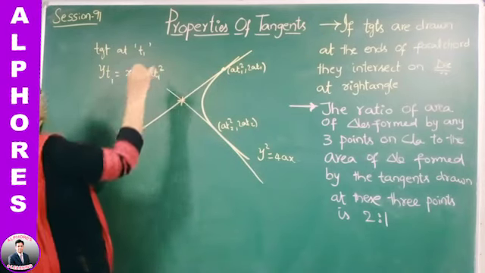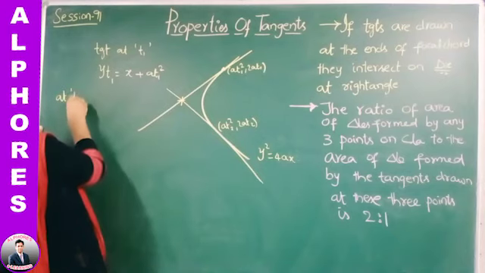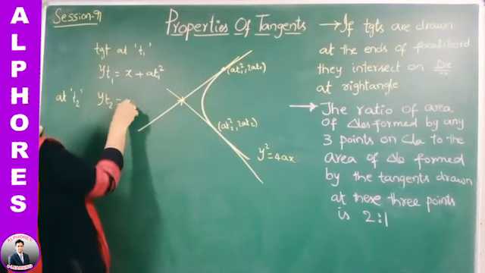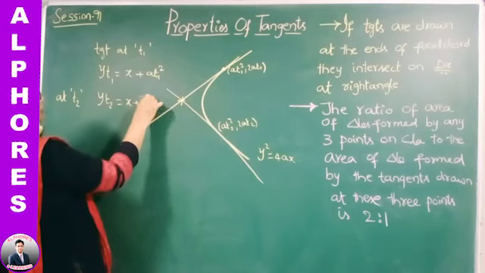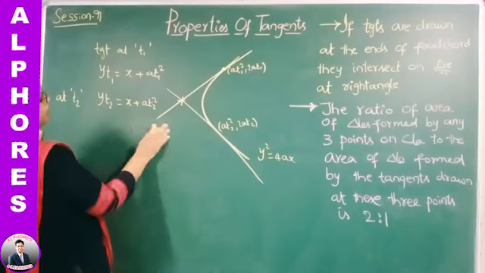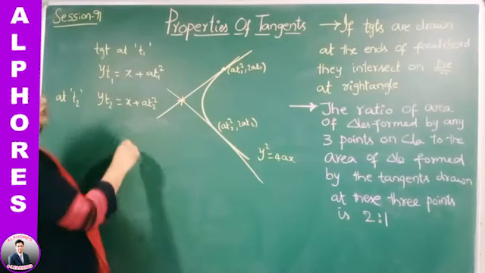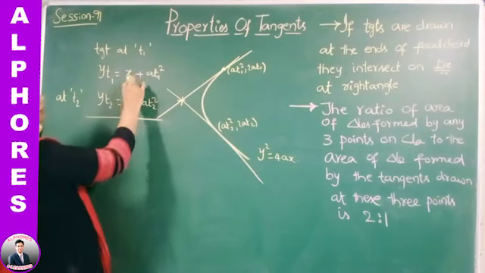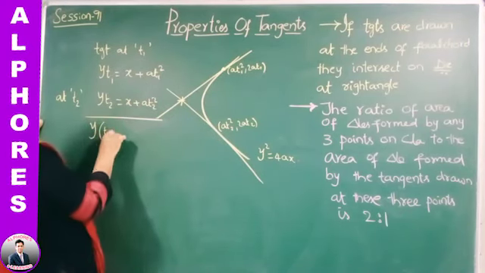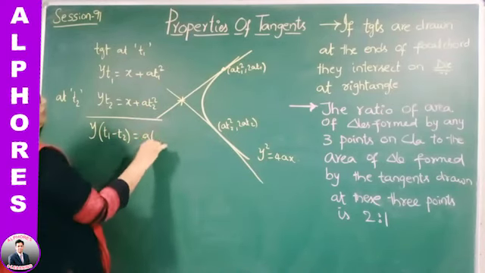And the tangent at t2 is yt2 equal to x plus at2 square, to the same parabola. Now we are subtracting, since we want the coordinates of the point of intersection, which means we want to solve these two equations. Then y into (t1 minus t2) equals a into (t1 square minus t2 square).